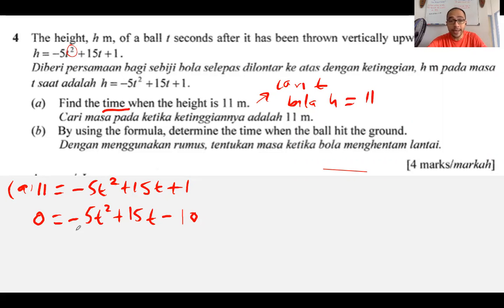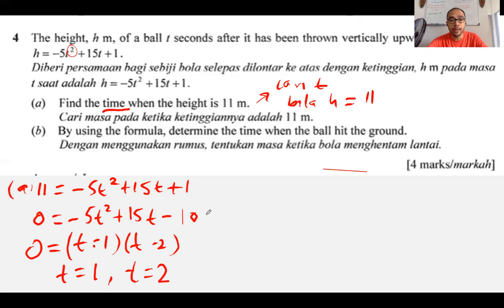But don't write x. So (T minus 1) and (T minus 2) equals to 0. T equals to 1, T equals to 2.